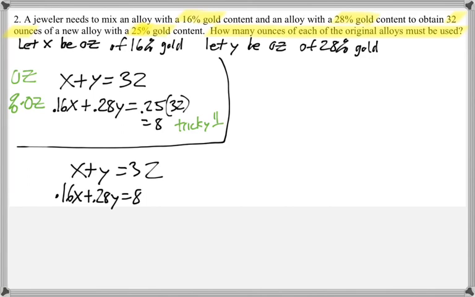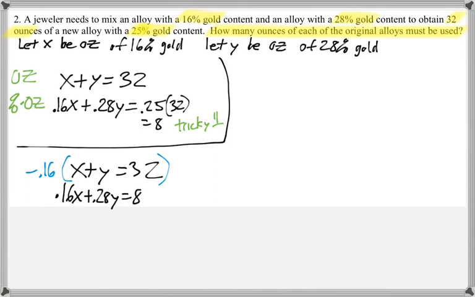now I need to solve, and you can choose to solve by graphing or by substitution. I'm going to solve by the elimination method. So to get rid of my x's, I need to have a negative 0.16 in front of this x. So I need to multiply by negative 0.16.